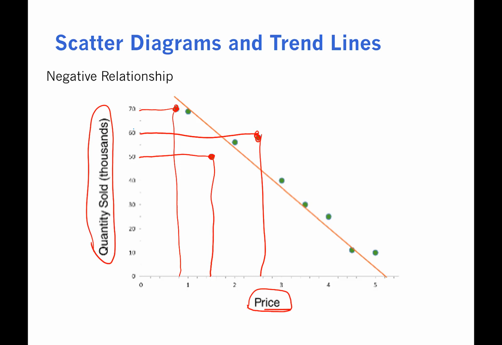And you can see the fitted line passes through the middle of all of these points on the scatter plot. And because the slope of that line is negative, we call this a negative relationship. Now, this shows a negative relationship between quantity and price.